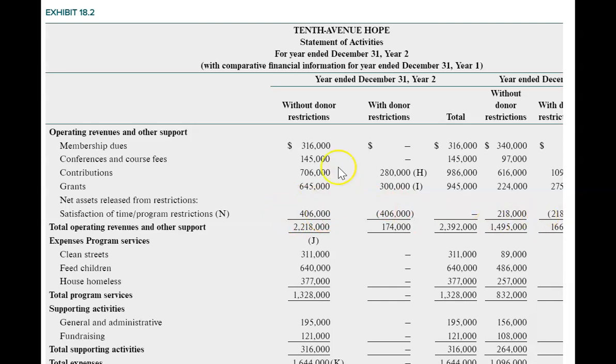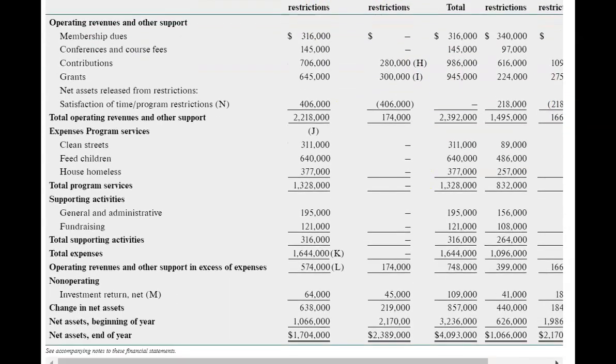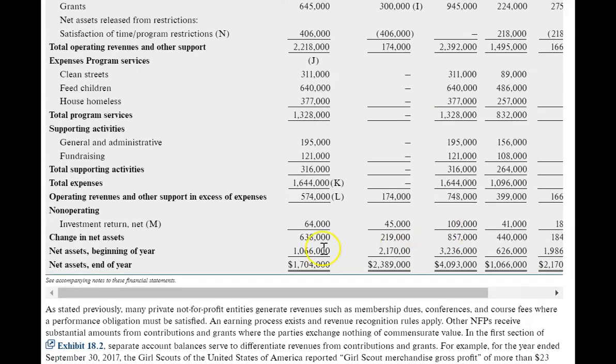Second thing, if you look at the bottom of each column, without donor restriction and with donor restriction, you will see the changes here. Changes in net assets without restriction is 638K and with restriction is 219K.